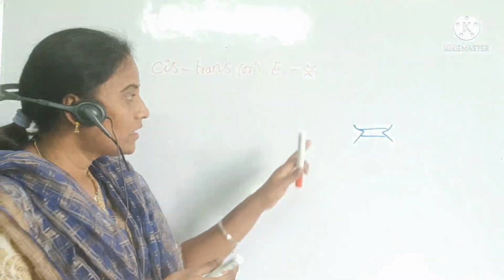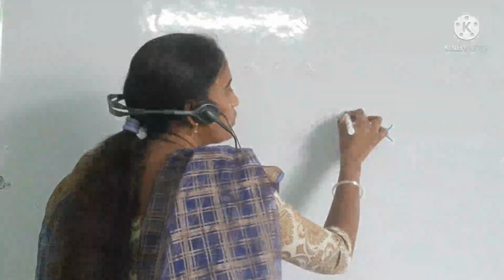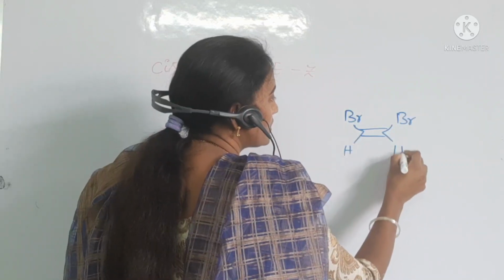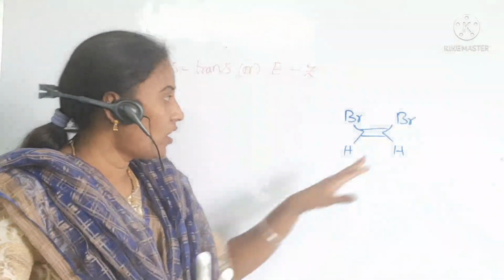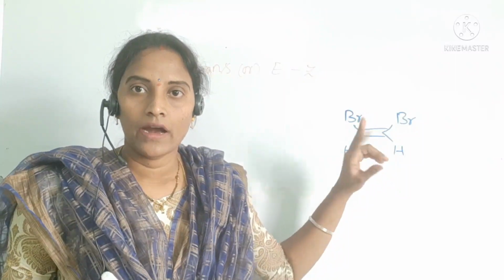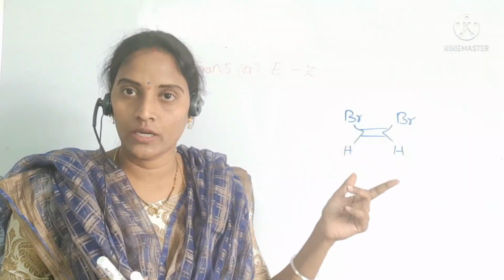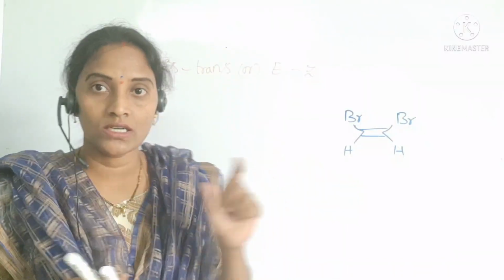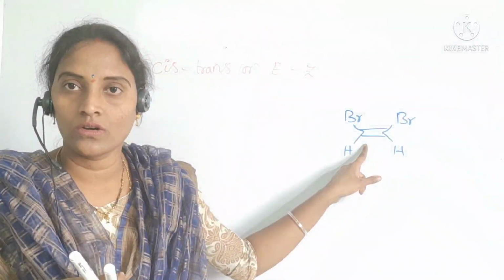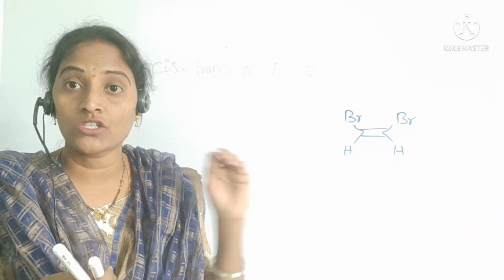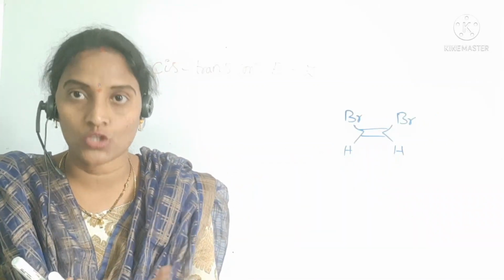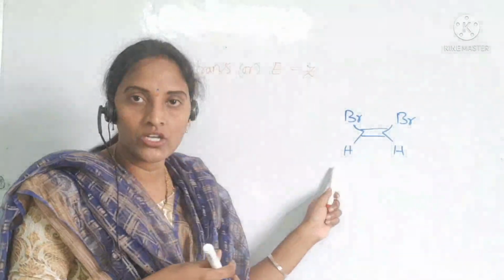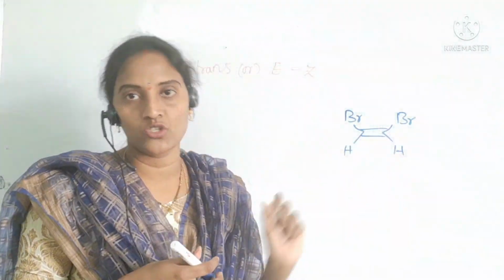See, on an olefin you can take a simple olefin here. This is bromine and this one also bromine, this is hydrogen and this one is hydrogen. On the double bond, at both ends, you give priority to the groups attached to these two ends based on RS configuration or RS nomenclature. Here at this end bromine and hydrogen are there, at this end also bromine and hydrogen are there.